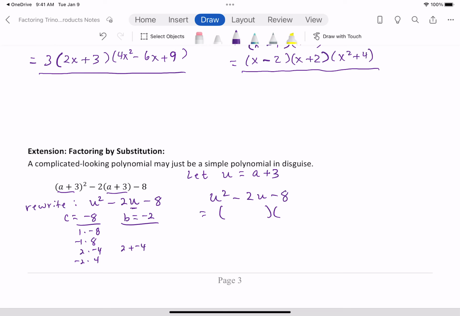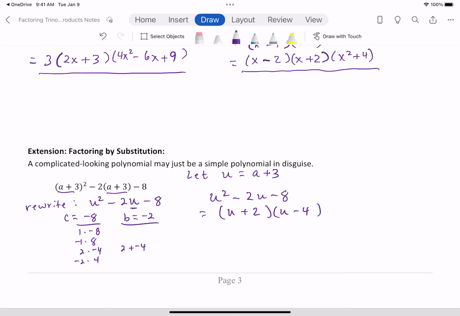To write that as the 2 binomials, we just determined that the factors are positive 2 and negative 4. So if you multiply u plus 2 times u minus 4, you will get the u squared minus 2u minus 8 back, but that's not the original problem.